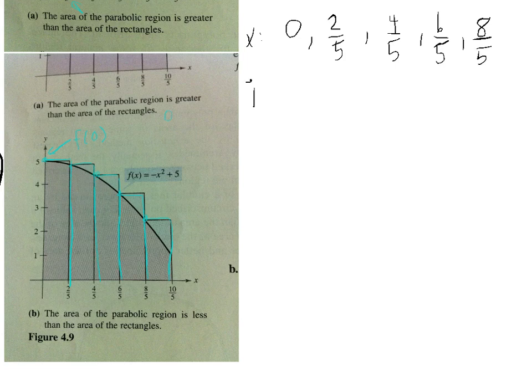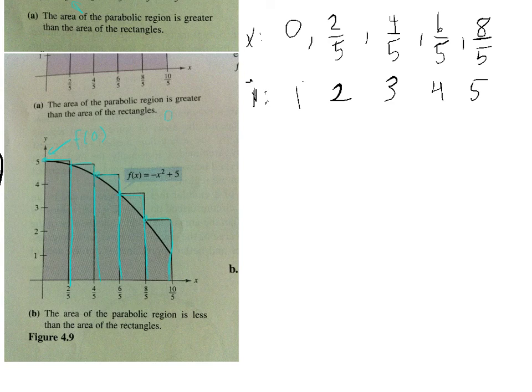We want, when i is 1, for our x value to be 0, when i is 2, 2/5, when i is 3, 4/5, 4, 6/5, and 5, 8/5. Slightly different than we saw before. So, you may notice that this is a shift of 1 in delta x.